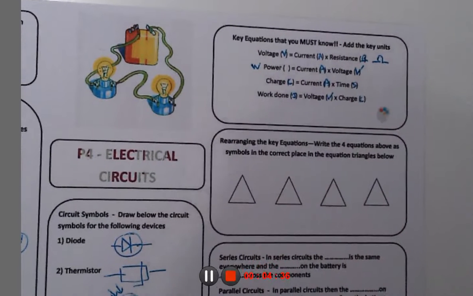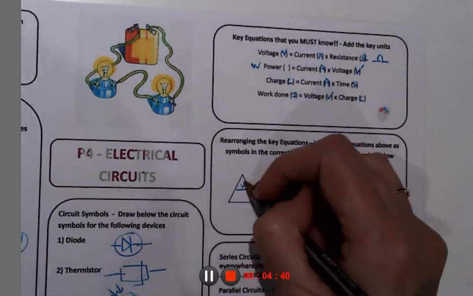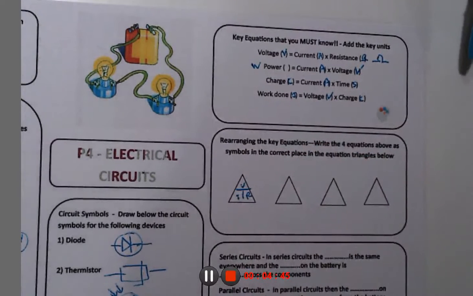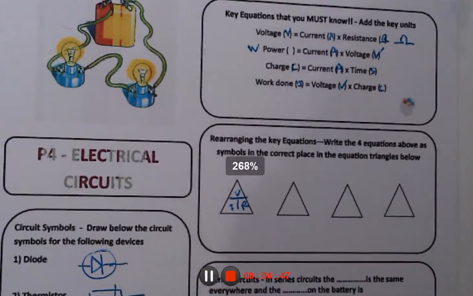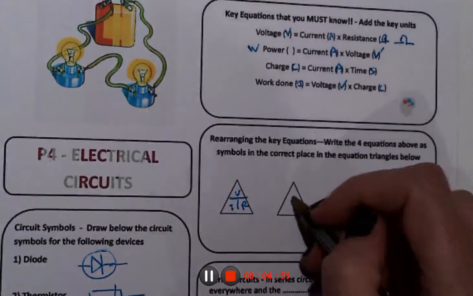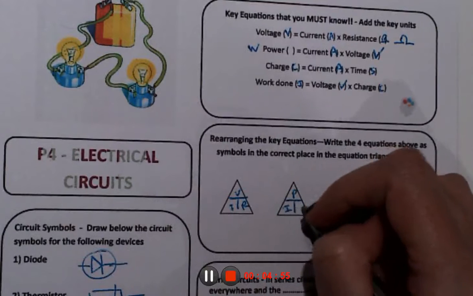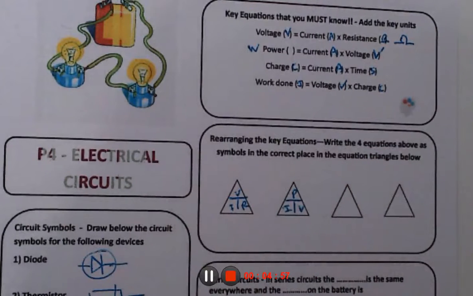We can write the 4 equations above in triangles. So the first one, we would have V, I, and R. Second one, power is current times potential difference.